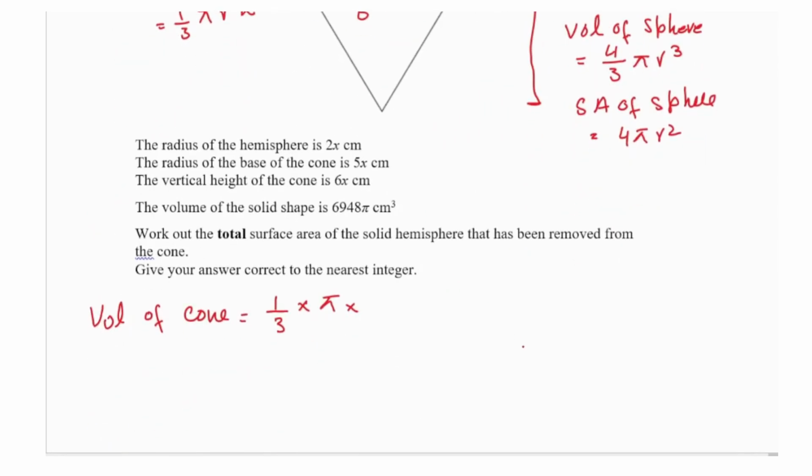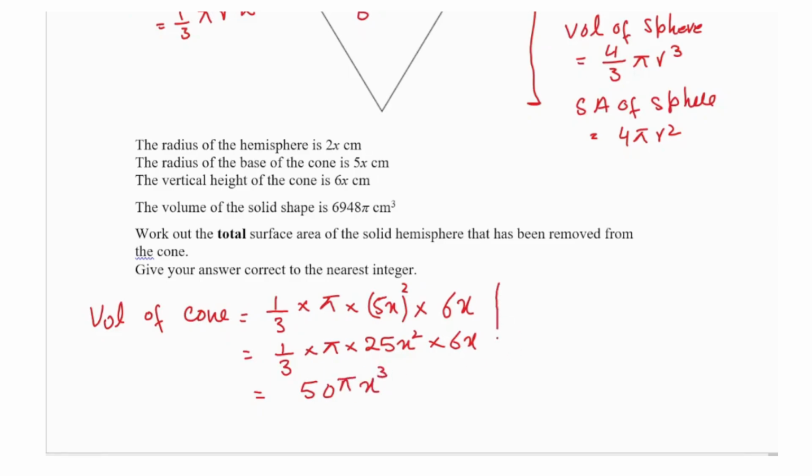So let's write down here π r squared, and h is 6x. We're going to simplify this: 1/3 times π times 25x² times 6x. If you simplify everything, we get 50πx³. This is the volume of the cone.